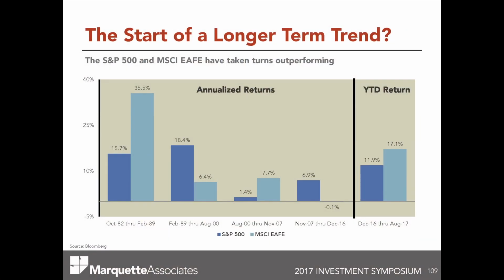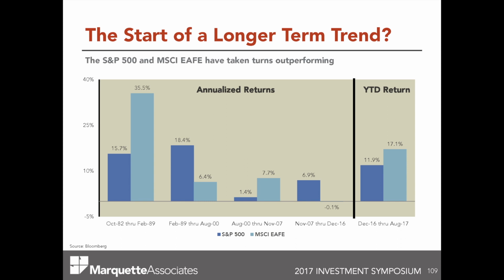Now let's look at one of the more recent periods, November 2007 to December 2016. U.S. equities have outperformed 7% annualized. That's a pretty big number. Where are we today? It's a shorter time period, year-to-date through August, but the MSCI EAFE is up about 5% over the S&P 500. This doesn't take into account what's happening in emerging markets.